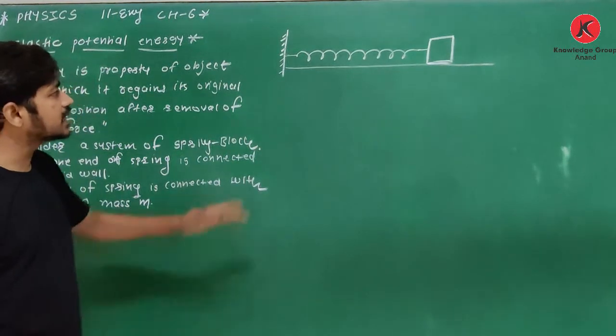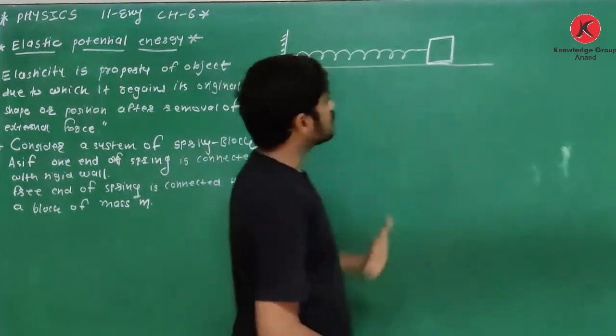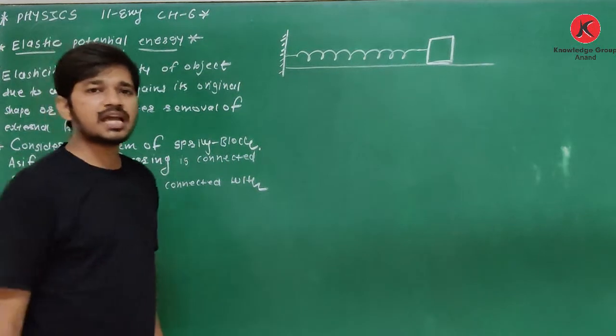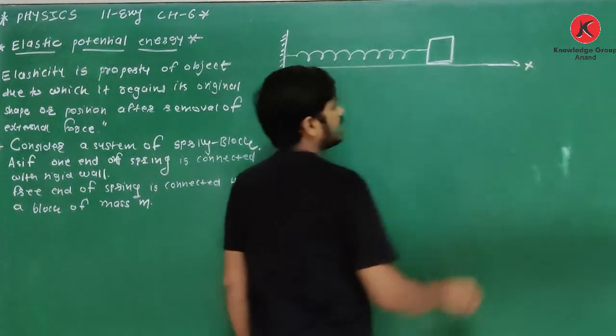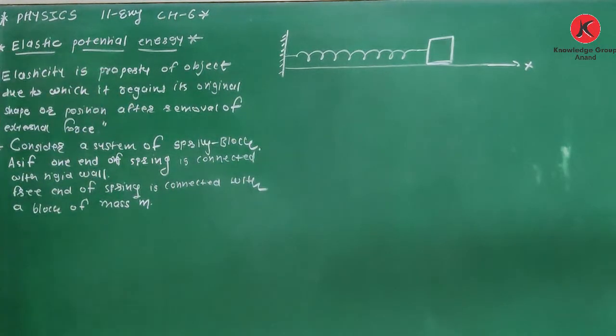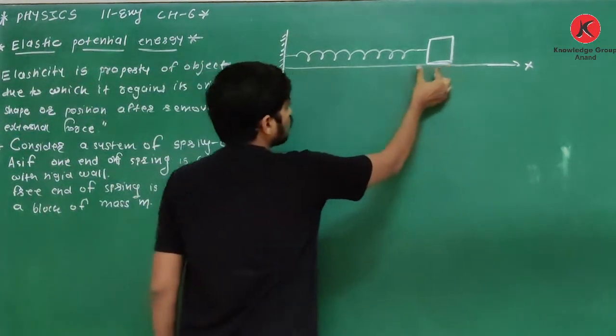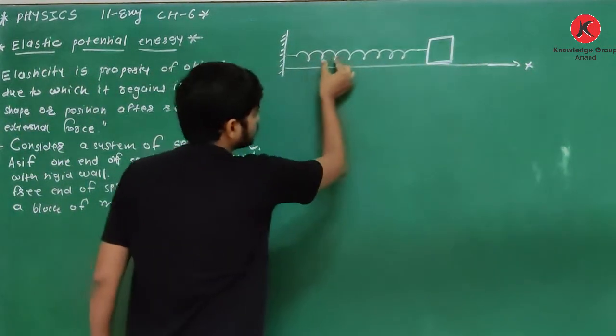In this normal situation, we will restrict the motion of this block only in one dimension, that is, let it be the x direction. So this block can move only in the x direction.